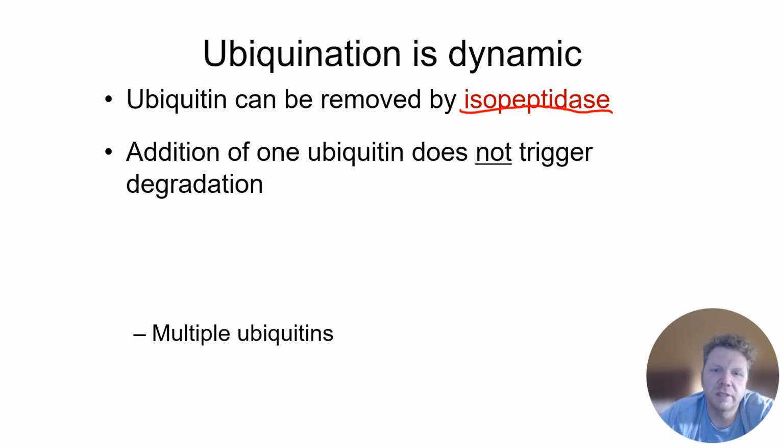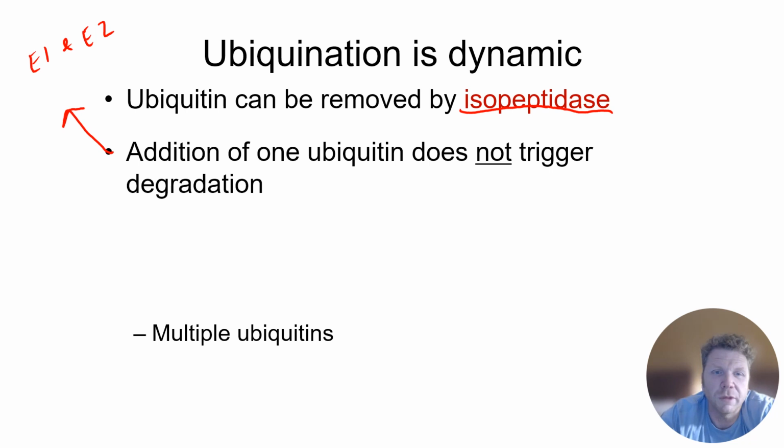Now, addition of a single ubiquitin does not trigger degradation. And I think that's an important point to remember because I started this conversation saying that a ubiquitinated protein is going to get degraded. Well, what about E1 and E2? How do those not get mixed up in the fold and accidentally get degraded?